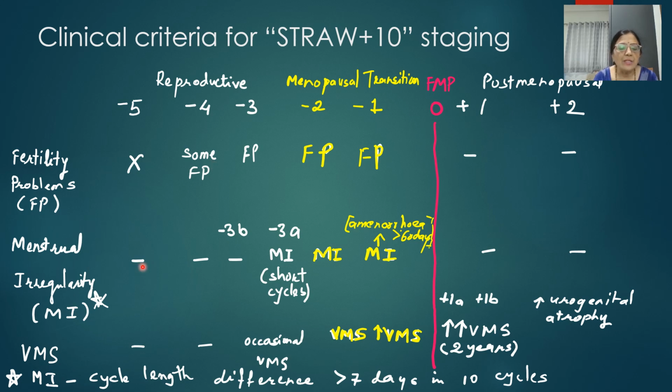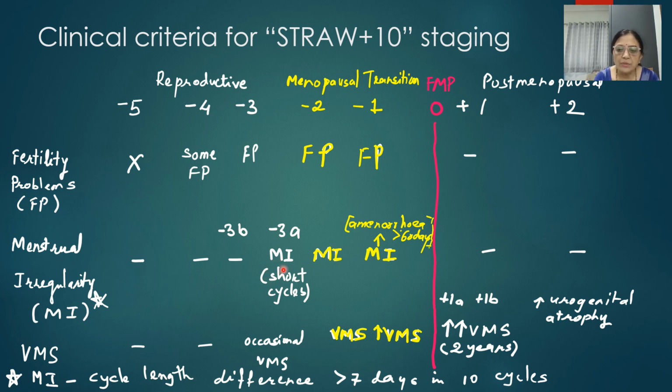Menstrual irregularity is not there in -5, -4, or -3B, but it can be seen in -3A. -3 is the late reproductive phase, where there can be short menstrual cycles as a feature of menstrual irregularity, so that more frequent menstrual cycles might be seen.